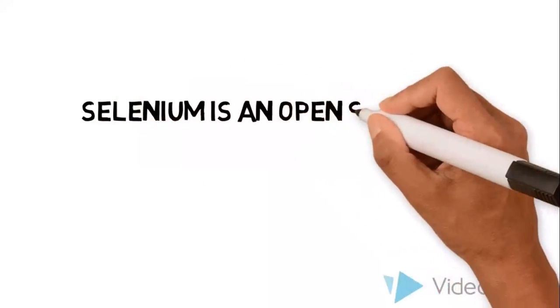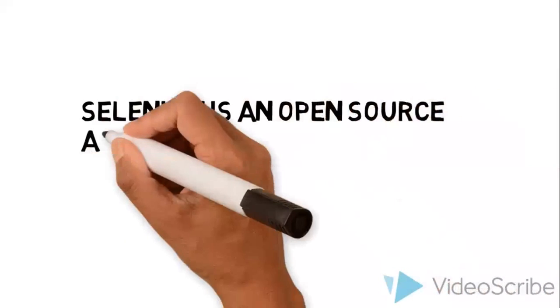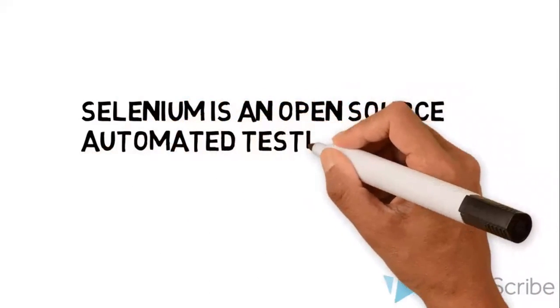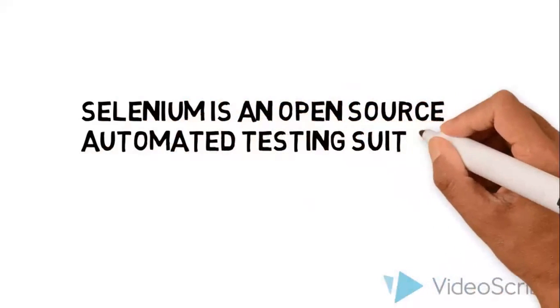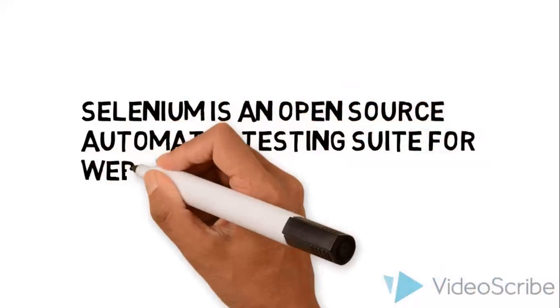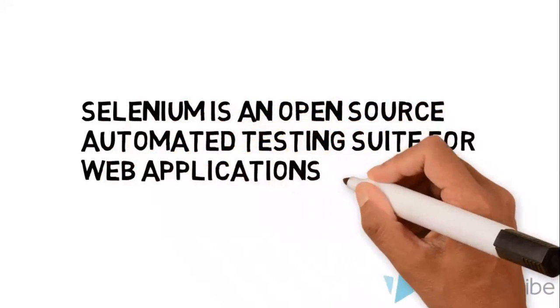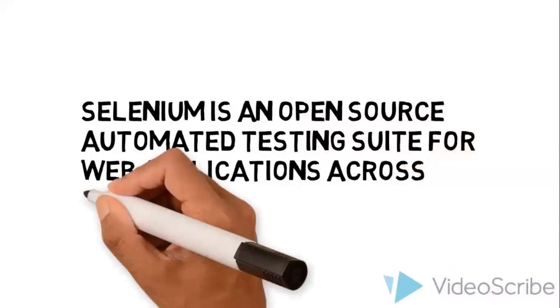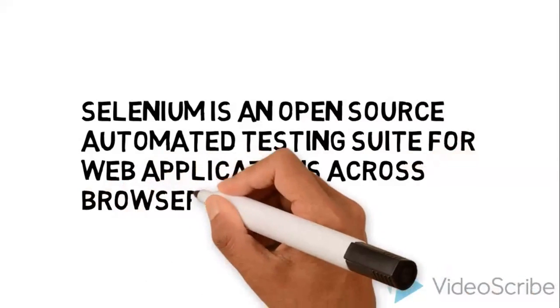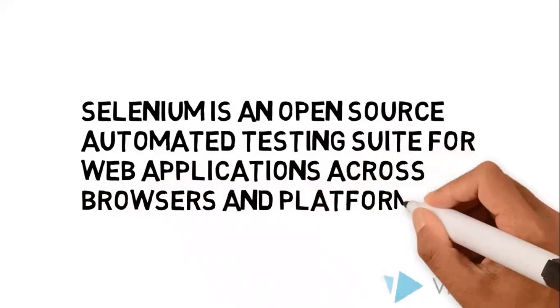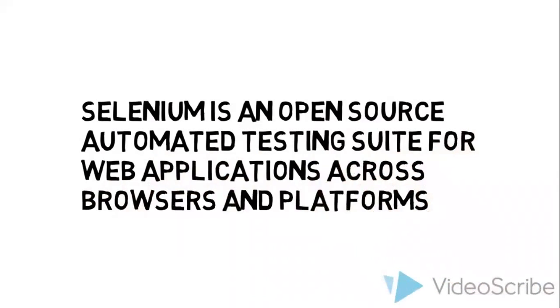As I mentioned a few minutes ago, Selenium is an open source tool which is used for automated testing of different applications, primarily web applications. So it's an open source automated testing tool for web applications across different browsers and platforms.